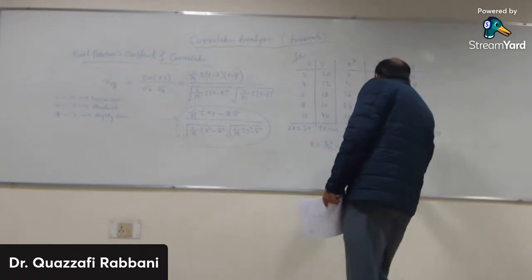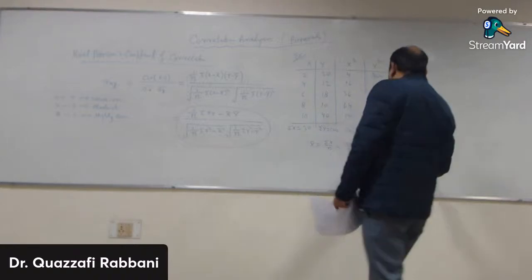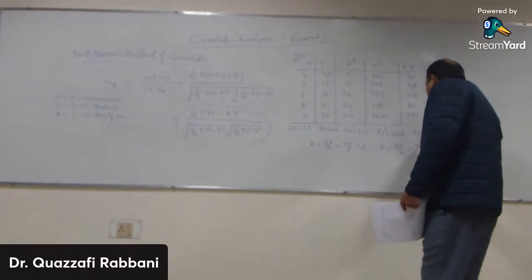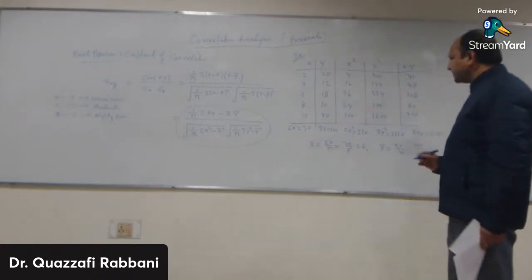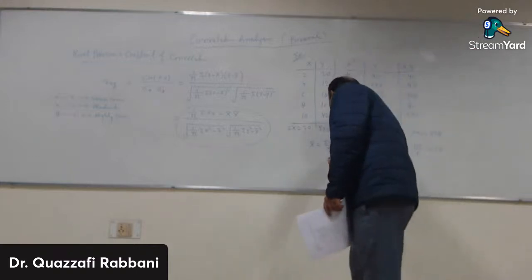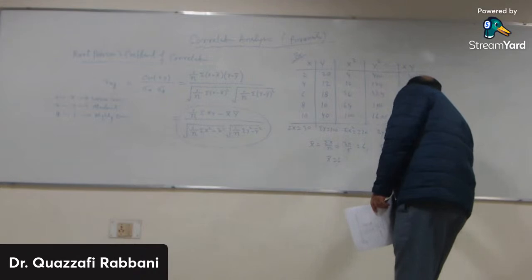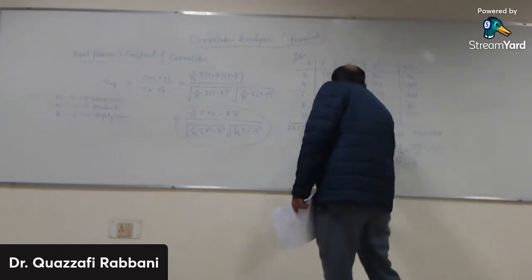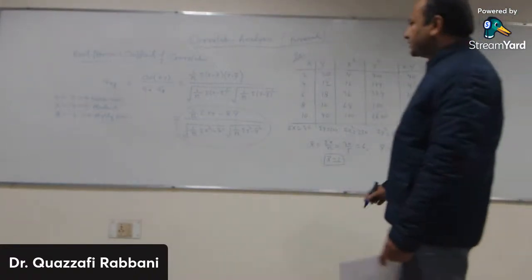Similarly y bar is summation y upon n, that is 100 divided by 5, which is 20. So x bar is equal to 6, and y bar is equal to 20.